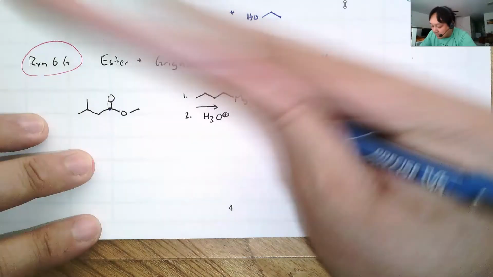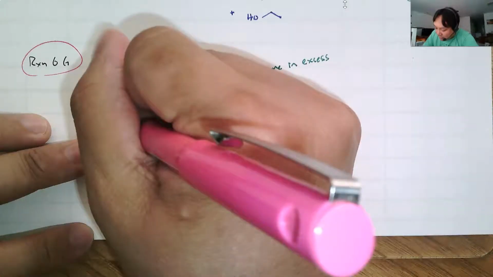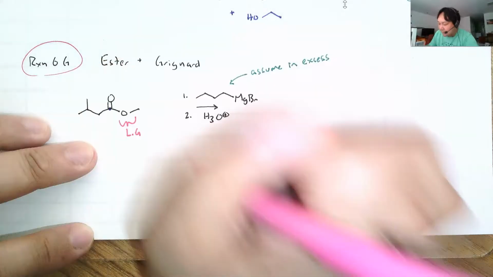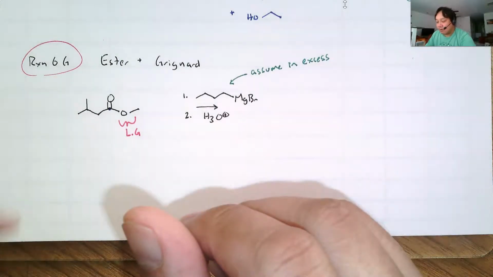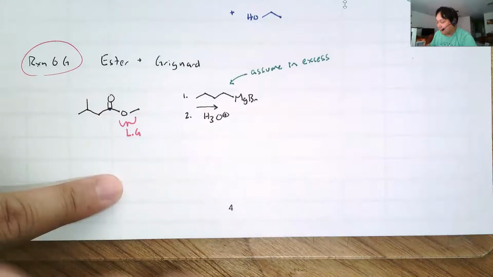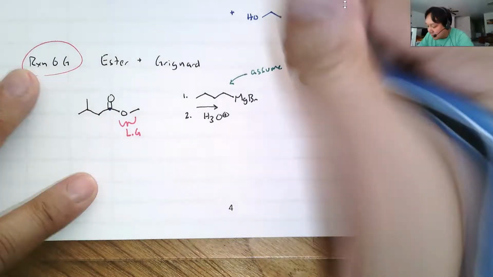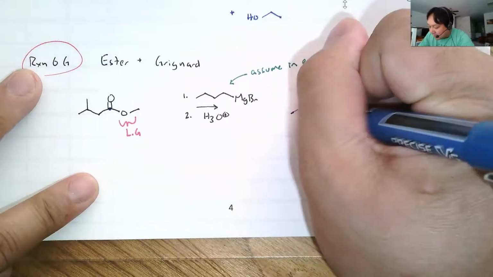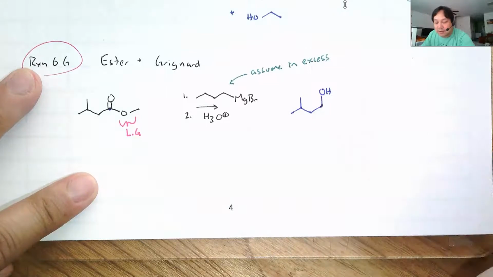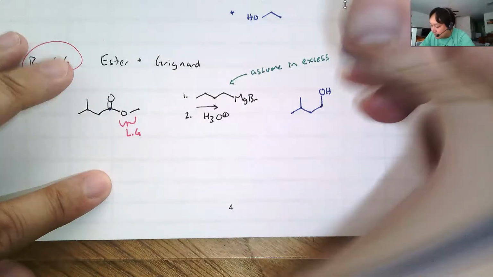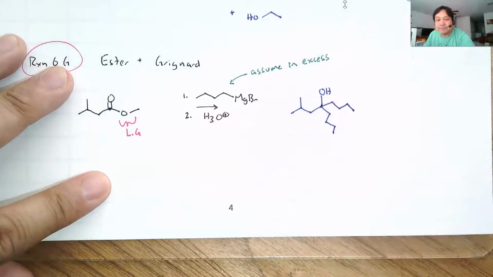We're going to add it twice to this carbon. We have a very good leaving group, right? This is the leaving group. Maybe not a great leaving group, but for all of these derivatives, when you do a reaction, you typically kick out the leaving group. So we're not going to see this O-methyl in the main product. What we are going to see is this: the carbonyl group becomes an OH, and we're adding the Grignard twice, so 1, 2, 3, 4, 1, 2, 3, 4.